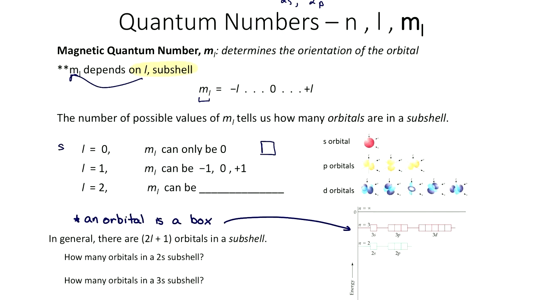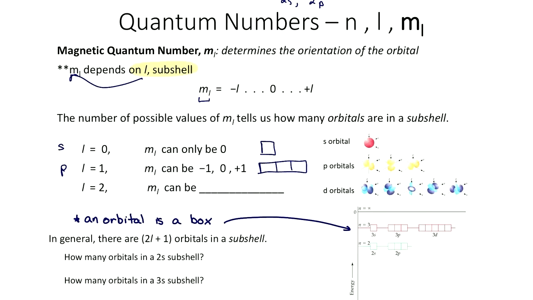Each box can hold 2 electrons. Let's keep going. l equals 1 is a p subshell. If we look at our m sub l rules, we can have -1, 0, +1. So there are 3 different m sub l's, which means 3 different boxes in our energy level diagram. If there are 3 boxes and 2 electrons can fit in a box, how many electrons can fit in a p subshell? 6. Yep. Okay, great.